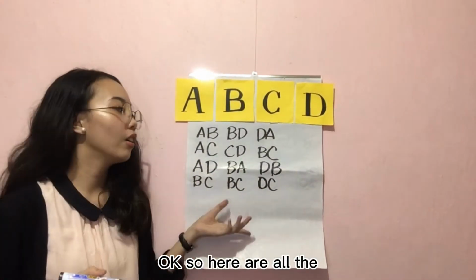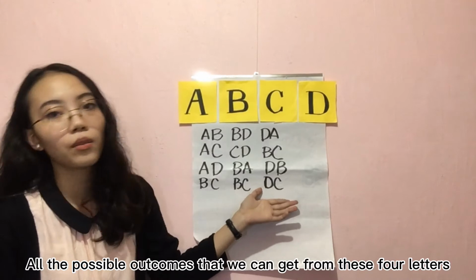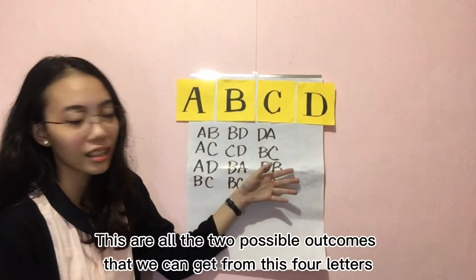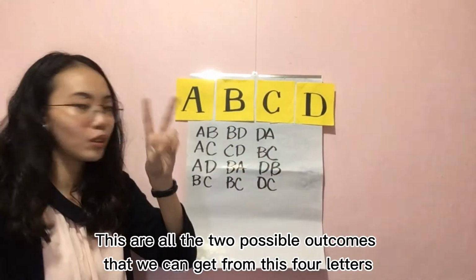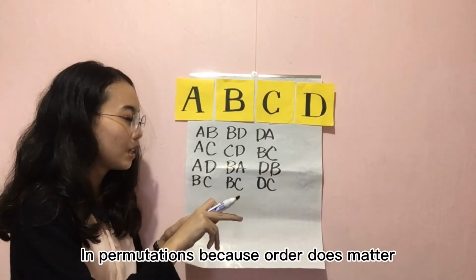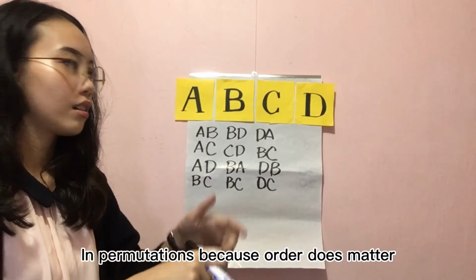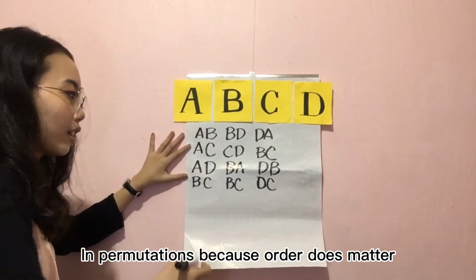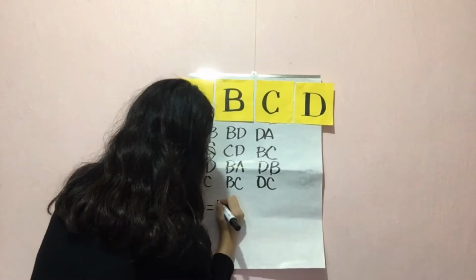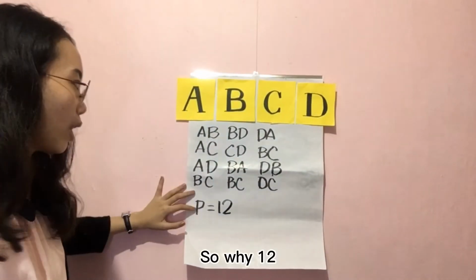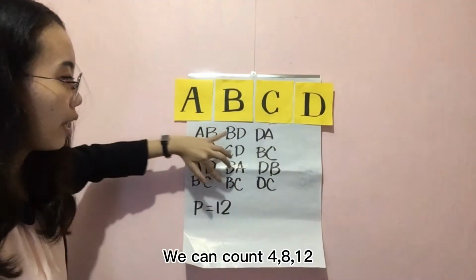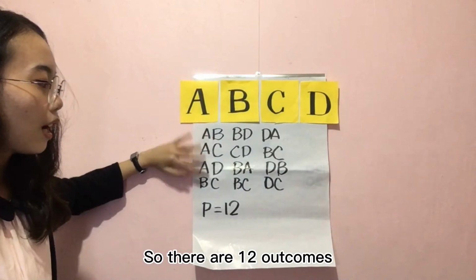So here are all the possible outcomes that we can get from these 4 letters. In permutations, because order does matter, we will get 12. Why 12? As we count, we can count 4, 8, 12, so there are 12 outcomes.